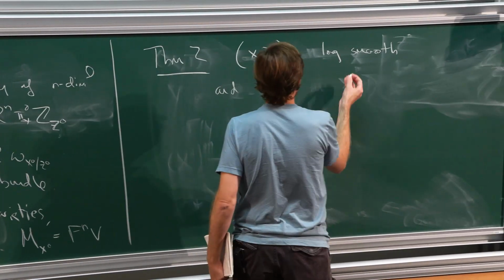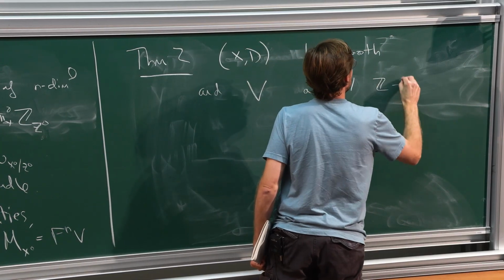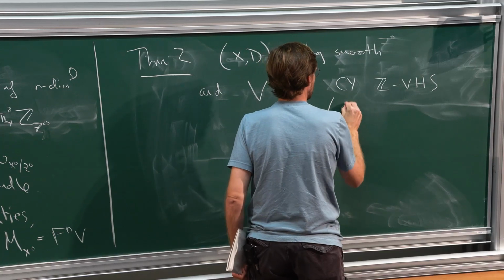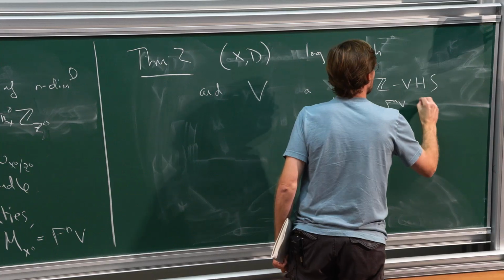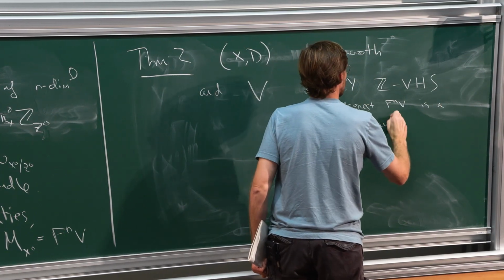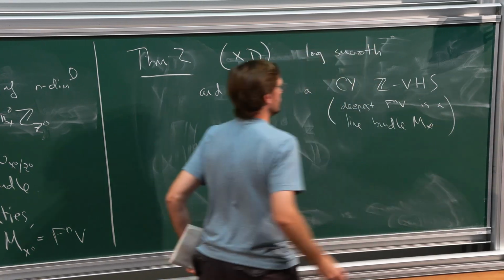I'll just call that a Calabi Yau variation. Parenthetically, that means that the deepest filtration piece is a line bundle, which I'll just call M_X, or M_X circle.